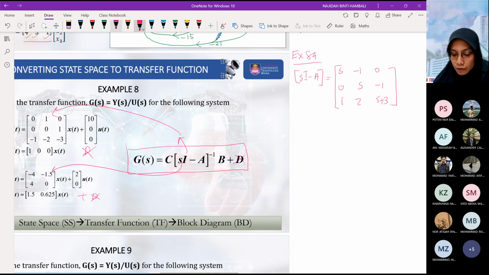Okay, this is if you directly write the answer for matrix SI minus A. So you skip 2 lines in your answer script.